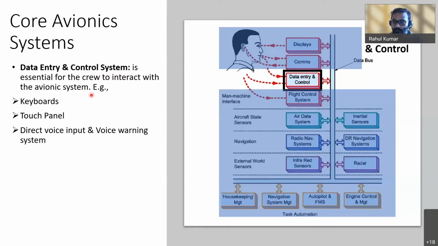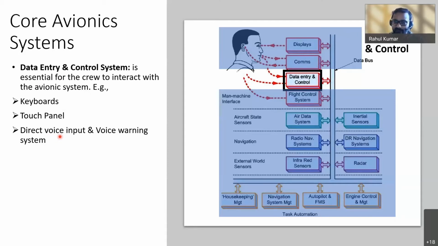Some examples are keyboard, touchpad, and direct voice input. The pilot can use some phrases or some words as an input.